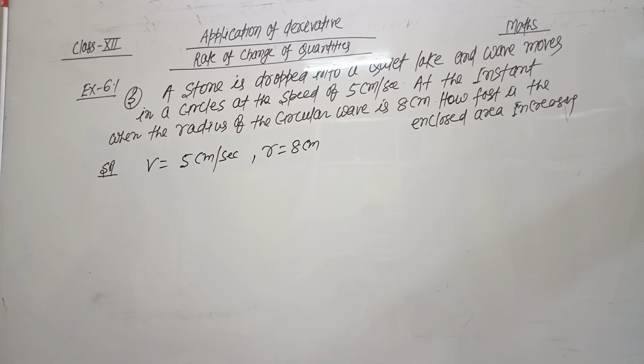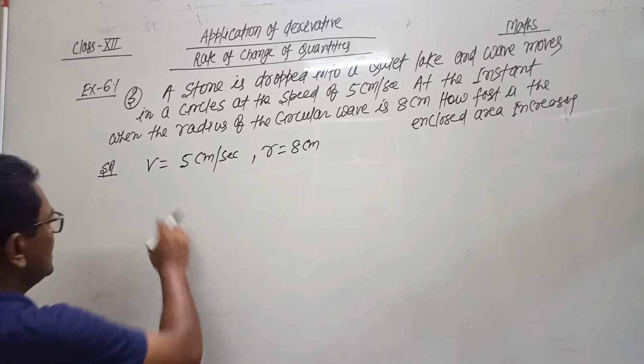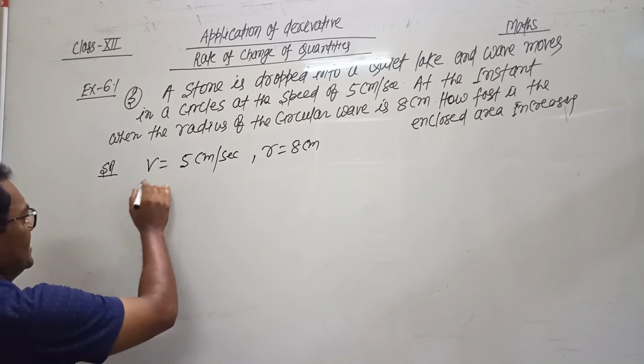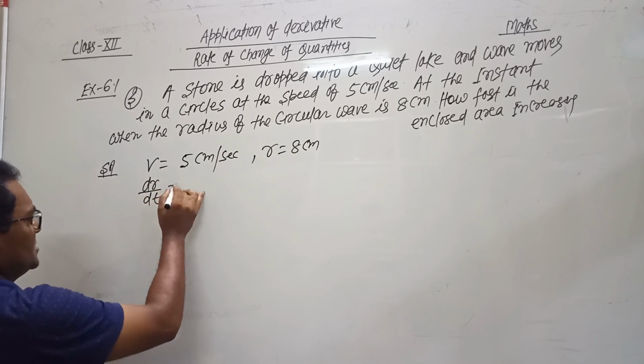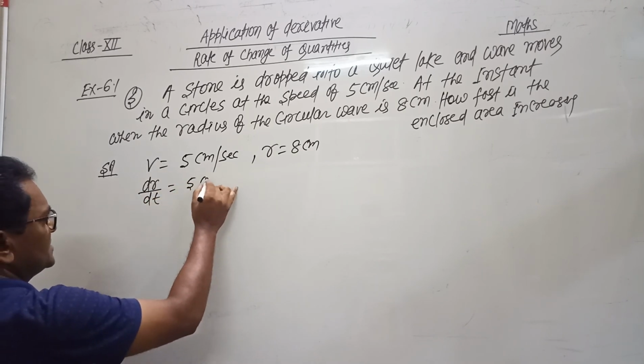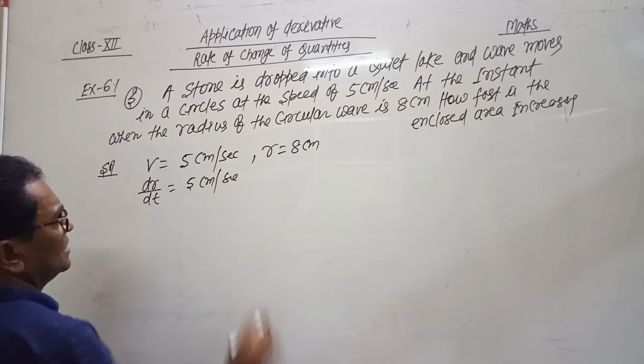A stone is dropped, waves move in a circle at a speed of 5 centimeter per second. Radius is given. How fast is the enclosed area increasing? And we know v equals dr by dt, which means dr by dt is 5 centimeter per second.